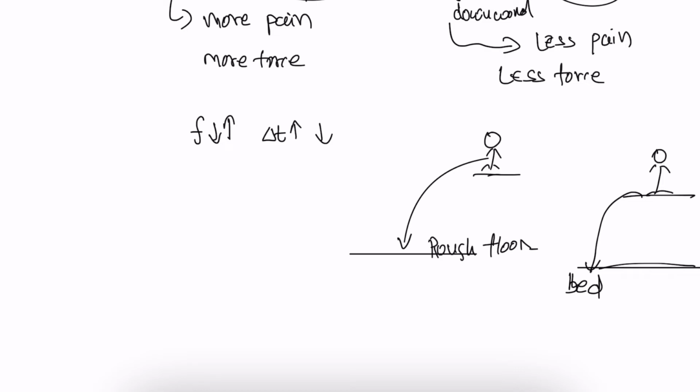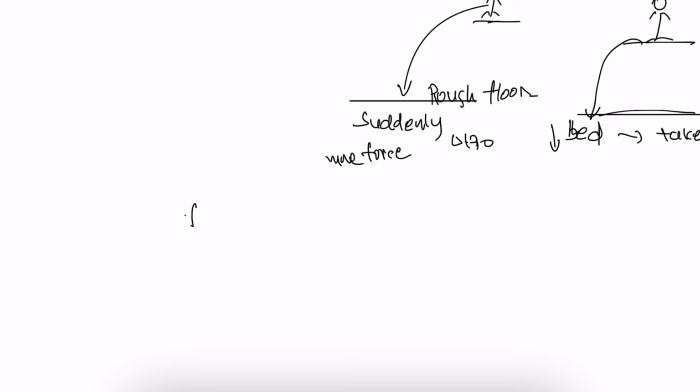On the rough floor you are stopped suddenly, but on the bed it takes time to stop you. So here the time interval is more, force is less. Here the time interval is very small, almost delta t tends to 0. In such a case, more force. So from these experiments, we say that F is inversely proportional to time interval.